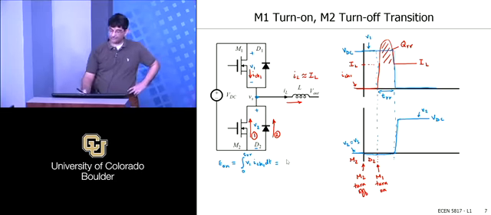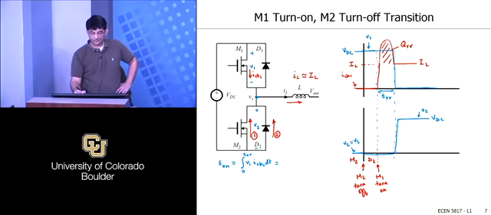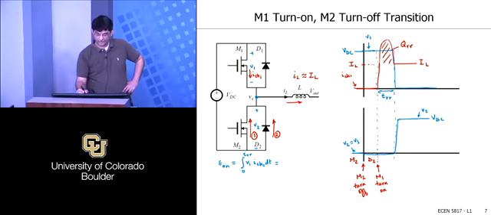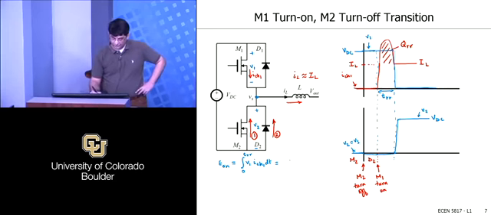And we can write that simply by breaking this up into two integrals, right? One is basically you have a current of roughly IL times this voltage VDC. So the first thing is just going to be VDC times IL times TRR, right?